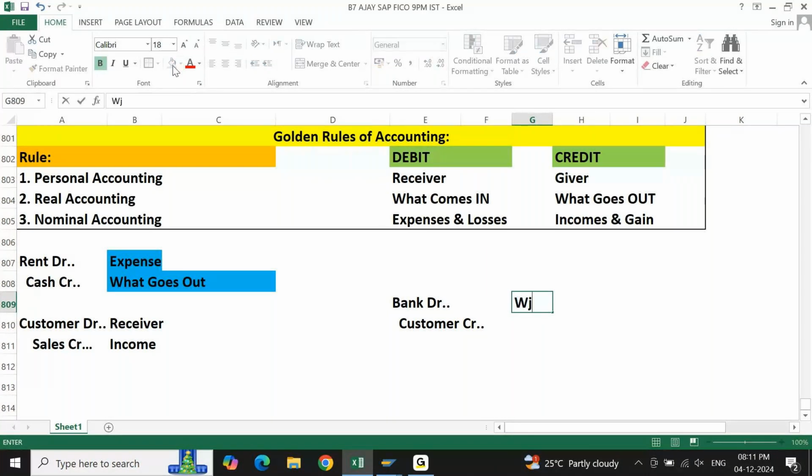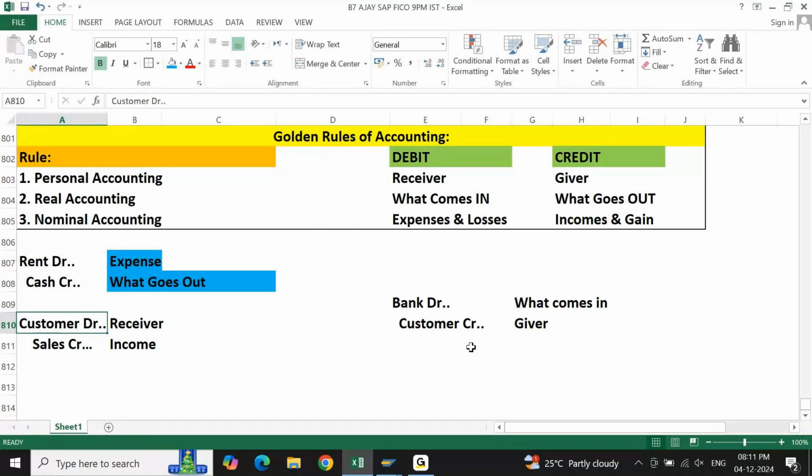Bank is a real account. Money is coming in to your bank account. Why customer credit? Customer is the giver. Who is giving money? Customer is giving. Customer is the giver here.